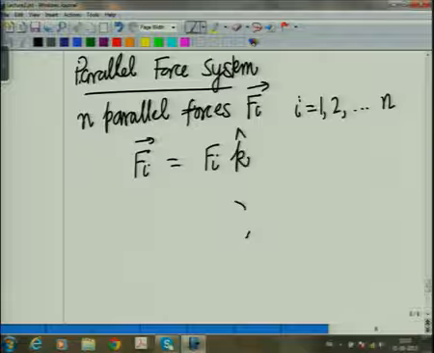That means all the forces are parallel to each other. An example of this is the weight acting on the body.